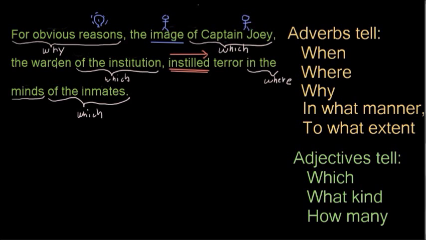Person. Warden, again, is saying Captain Joey, so Joey's a person, Warden's a person. Okay, of the institution. An institution would be a jail or a prison.